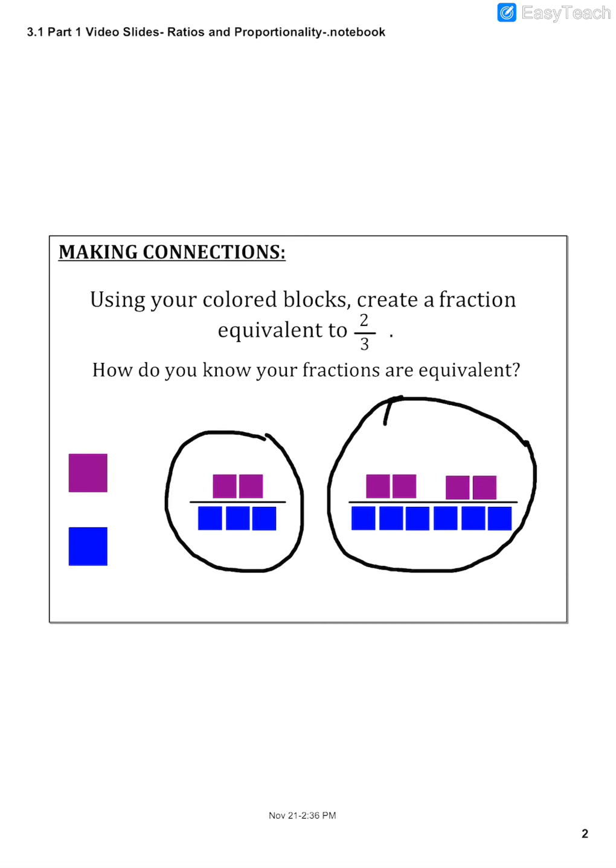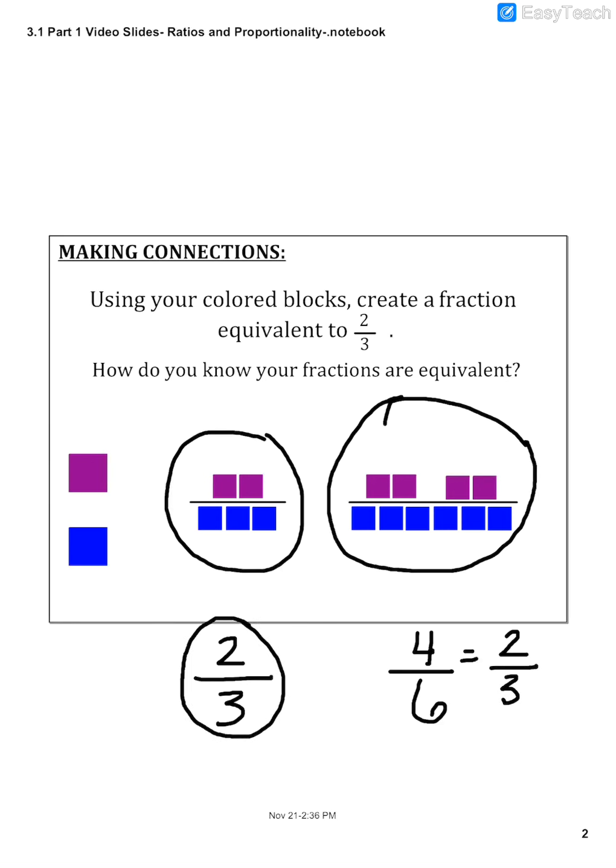Well, if I look at this fraction, I have 2 over 3. And if I look at this fraction, I have 4 over 6. I can reduce 4 over 6 by dividing each of the numerator and the denominator by 2, and I get 2/3. Therefore, since my fractions simplify to be exactly the same, I know that my fractions are equivalent.